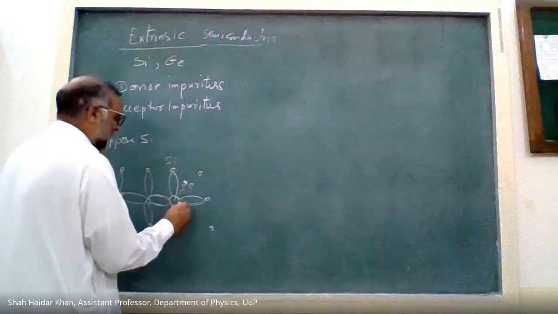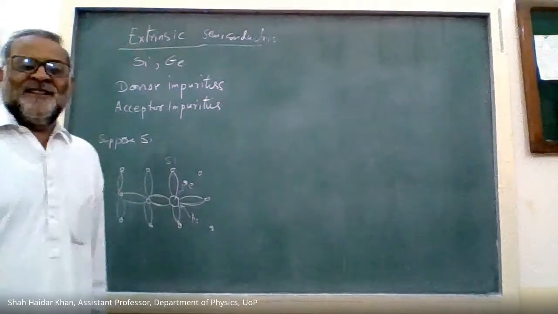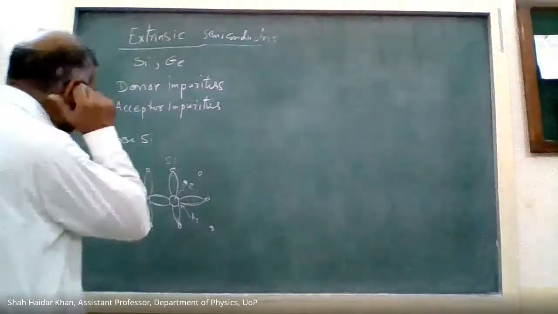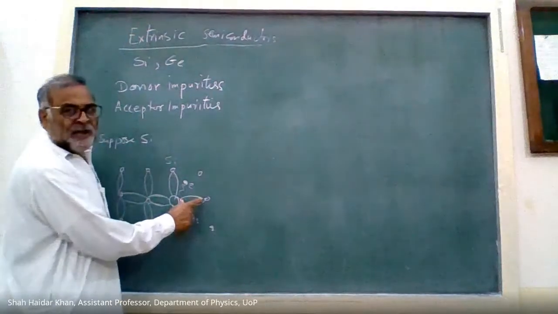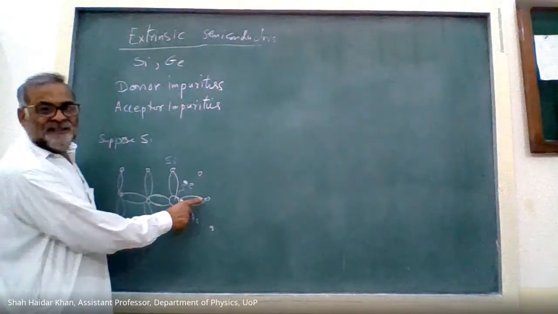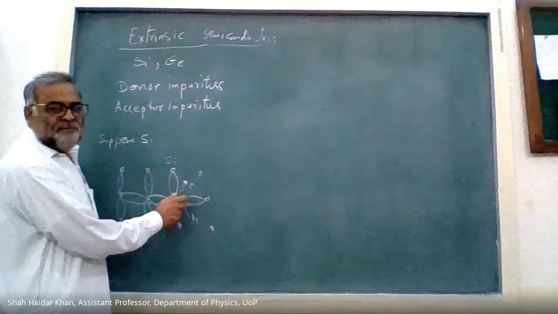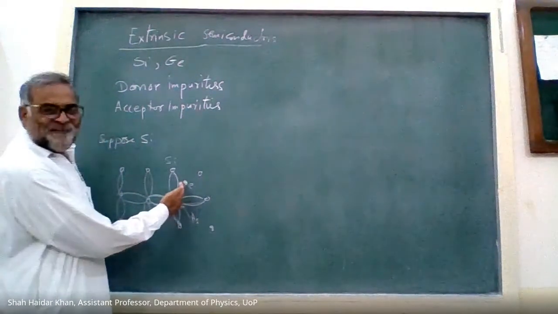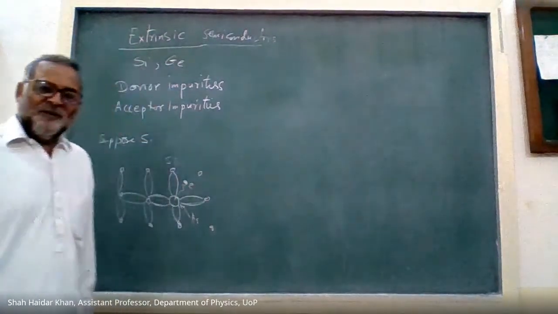Suppose this is arsenic, right? Okay. So what does it mean? This is tightly bound under covalent bonding. 4 electrons are tightly bonded under covalent bonding. This one is not very tightly bound to the nucleus of arsenic.